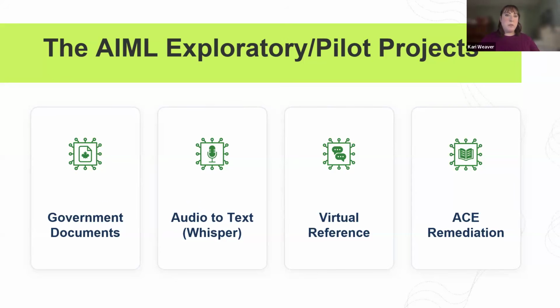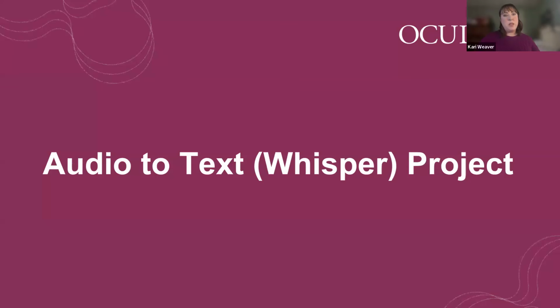So these exploratory projects all are using different AI models or have different purposes, but were identified as places where AI might make sense to examine within existing automated library workflows.